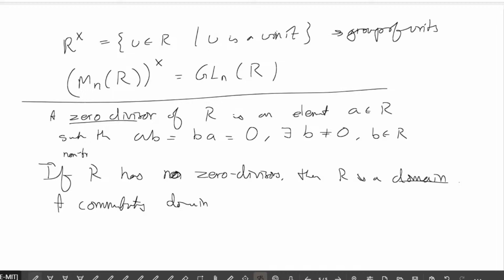I keep forgetting this non-trivial part: we want 0 to be not equal to 1 in R. The definition is really annoying, but we will always make that explicit. So a commutative domain is an integral domain.